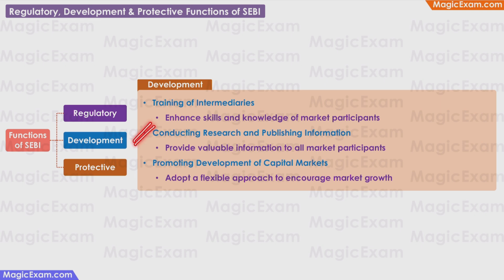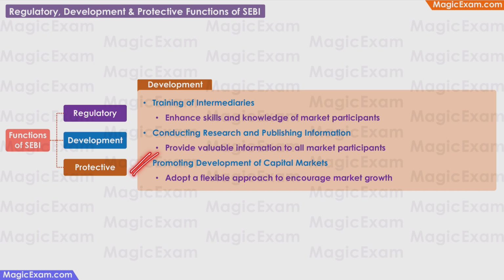The second one is conducting research and publishing information. SEBI conducts research and regularly publishes valuable information for the benefit of all the market participants. By sharing these insights and the data, SEBI ensures that everyone has access to the information that they need to make informed decisions. The third one is promoting the development of capital markets.